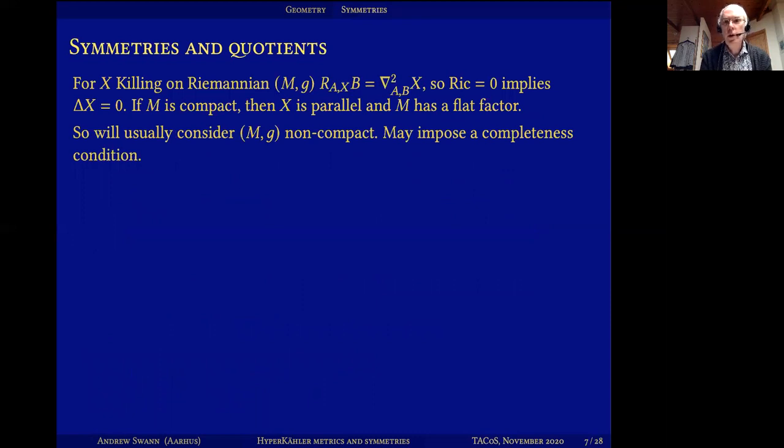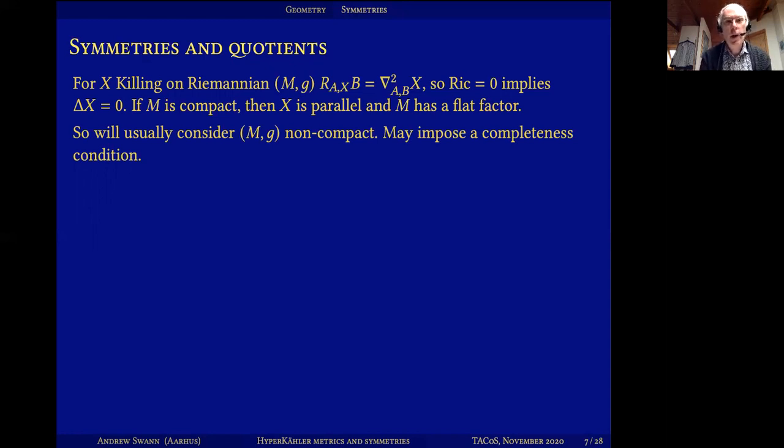Good. So using symmetries, we can think about quotients and so on. The first remark is that we should be working in the non-compact case in general. If you have a Killing vector field on a Riemannian manifold, then you can compute the second covariant derivative via the curvature. The formula is such that if the Ricci curvature is 0, that implies that the vector field is harmonic.